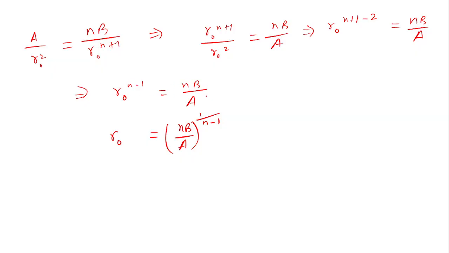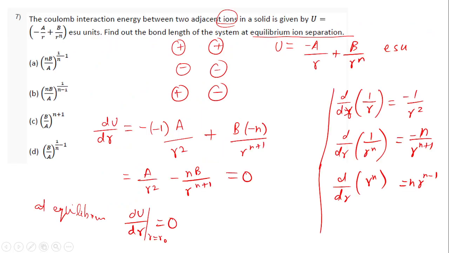So the equilibrium distance finally will have this expression. If you know B, A, N, all these, then we can find the exact magnitude. But if we don't know these constants, then we can just say that B is the correct answer. This is the equilibrium distance at which these two ions will sit without facing any attractive or repulsive force.